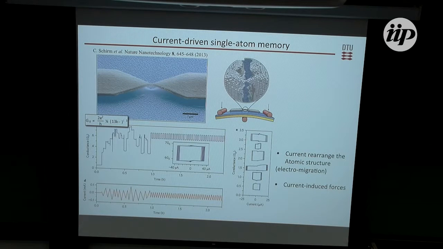Now let me just show a couple of experiments where these forces could be at play. This is an experiment where they break a small metallic filament, and then you just have a few atoms in here. And then they use a certain protocol. They ramp up the current in time, and then when something happens in the conductance of this system, they ramp it in the other direction.